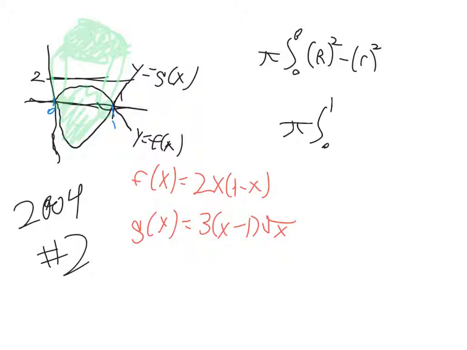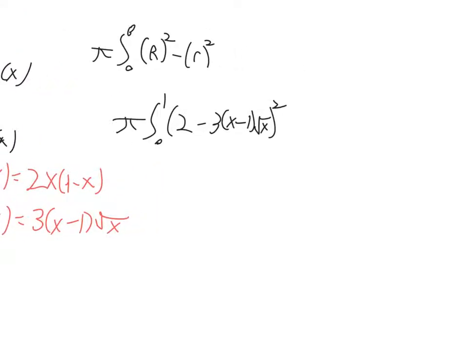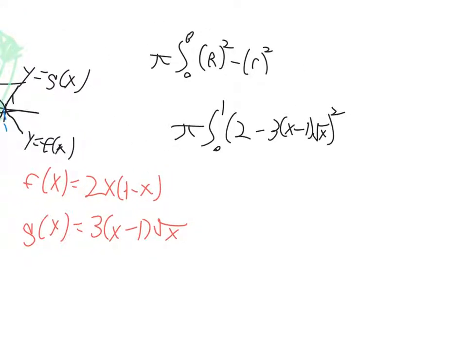I'm going to write it out first, and then I'm going to explain it. So big R is just 2 minus 3 times x minus 1 root x, squared, minus 2 minus 2x times 1 minus x, squared.